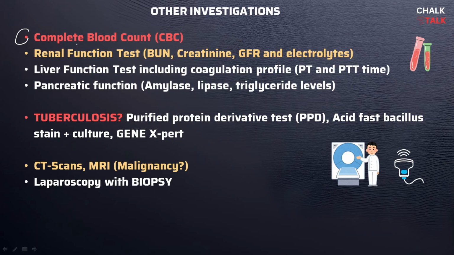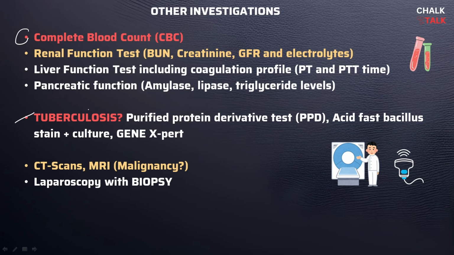Renal function tests would help assess kidney involvement, liver function tests, and pancreatic enzymes such as amylase and lipase for pancreatic related ascites. Let's also talk about infectious workup. And here specifically, I want to talk about tuberculosis if there is a suspicion. So we are talking about a purified protein derivative test, PPD, or tuberculin skin test, acid fast bacillus stain and culture, GeneXpert for rapid TB detection.